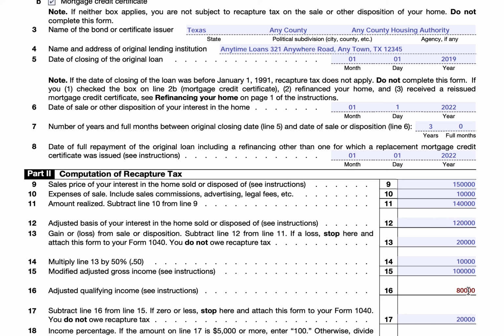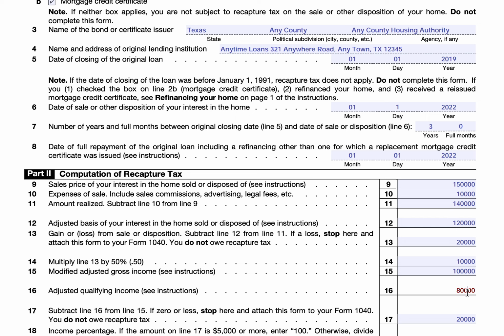Logically speaking, your adjusted qualifying income will go up as you slide further down the scale, either towards more full and partial years, closer to the end of the recapture period, and also with more family members, you'll probably have higher qualifying incomes.